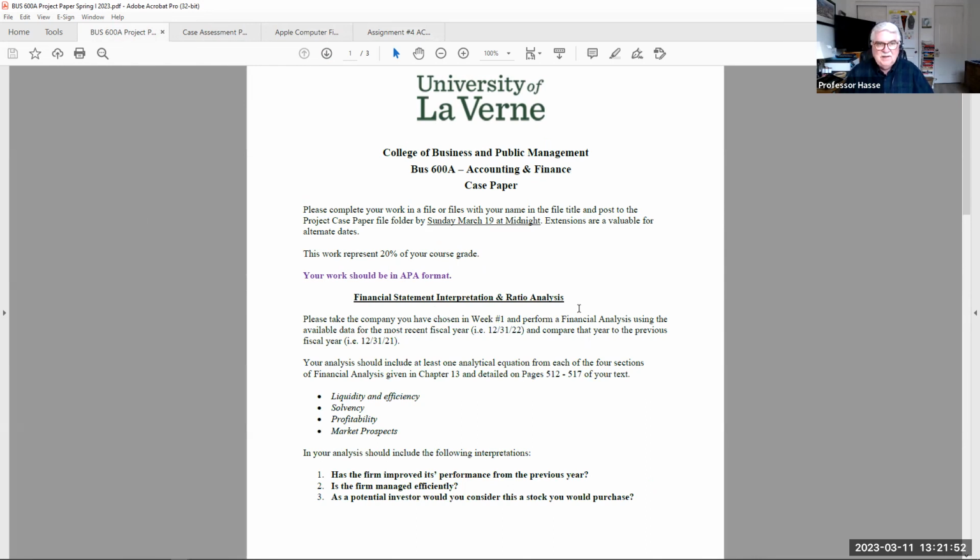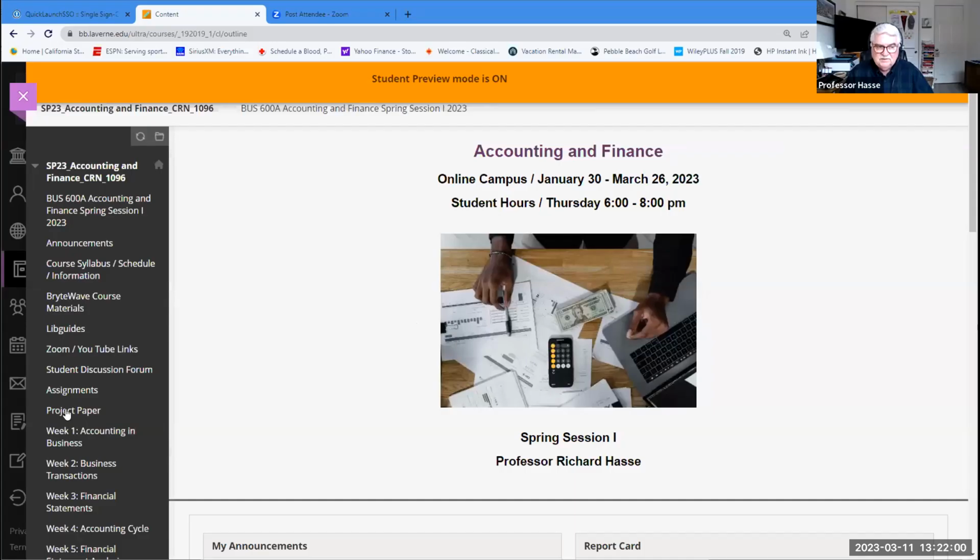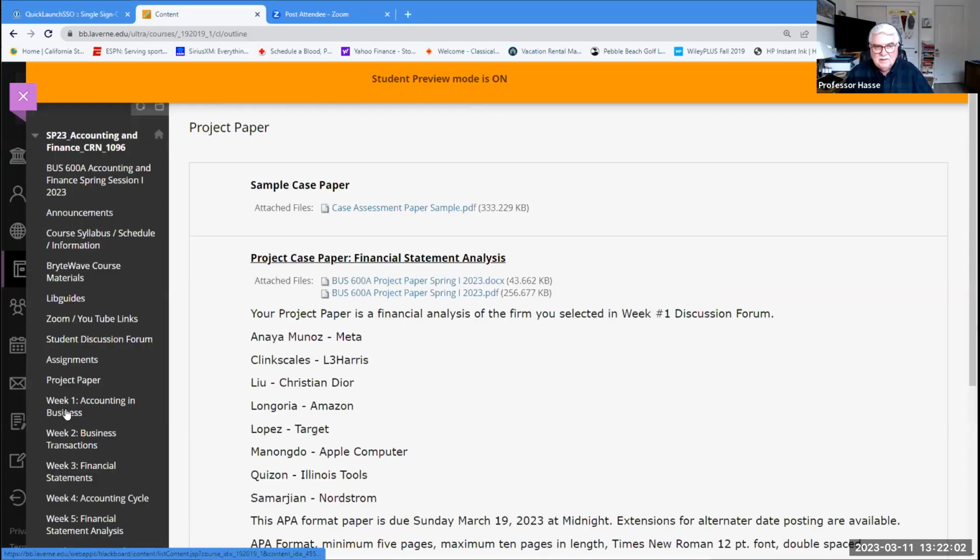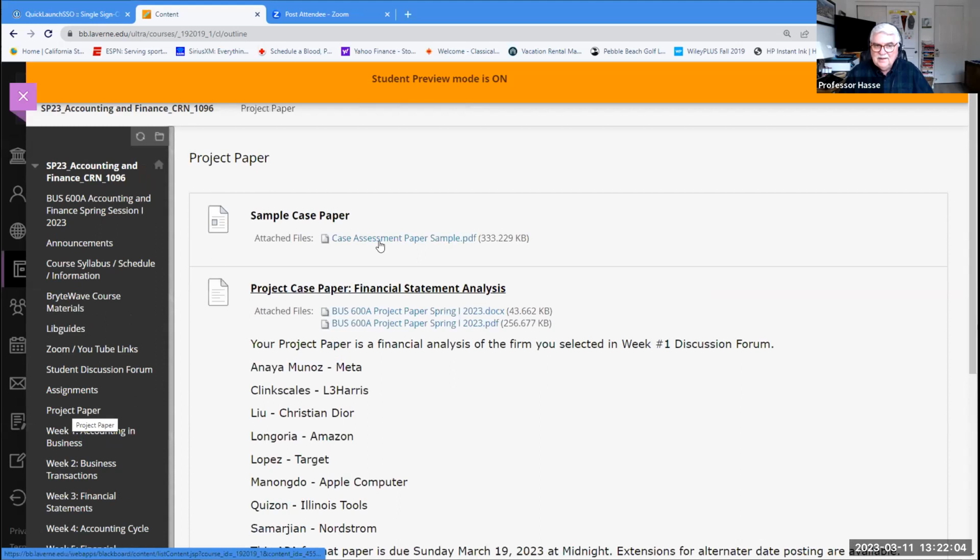Now, APA format, if you go to Blackboard and go to the project paper site, you'll now see a sample case paper in APA format. In case none of you have ever done APA format, it's a standard format system of writing research papers or analytical papers for higher education, more specifically business.